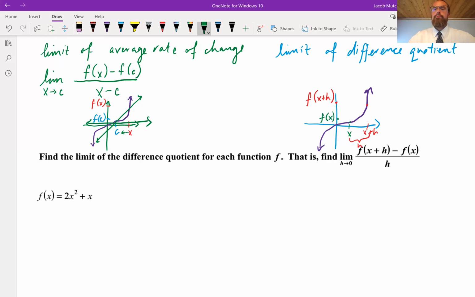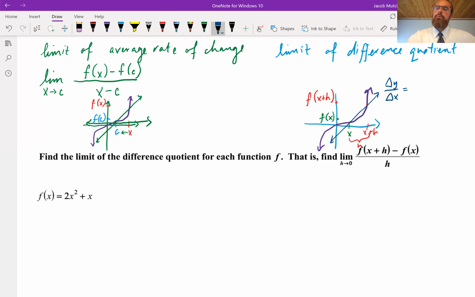So we can rewrite that same idea. It is delta y over delta x. And again, what we're saying is this is the slope of the secant line that crosses the function at those two points.